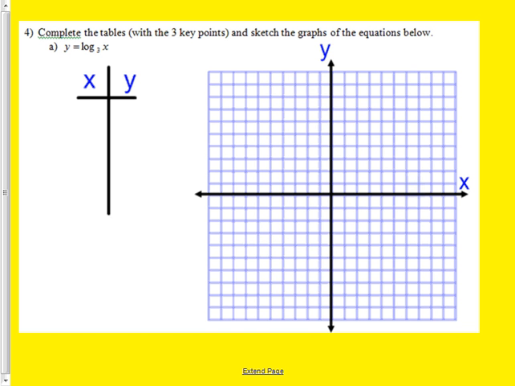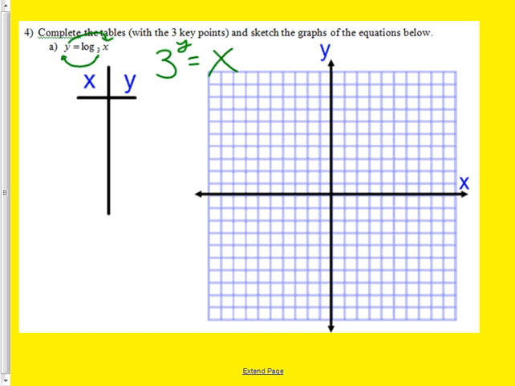Do you get it's 3 to the what? y is equal to x. 3 to the y equals x. Do you get in this weird world that it would be smarter to pick a y and figure out what the x comes out to be? Yes? You want to pick things that work nice.